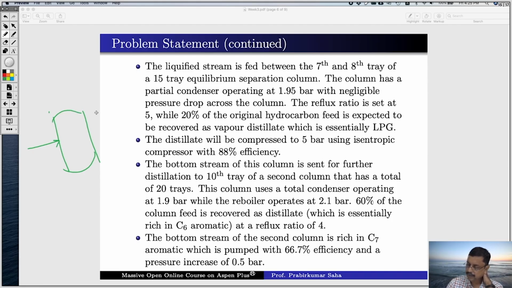Here the second column will have 20 trays, and the feed will be given at 10th tray. This column uses a total condenser. This is a total condenser. That means there will be no vapor distillate, only liquid distillate. This condenser operates at 1.9 bar, and the reboiler at the bottom operates at 2.1 bar.